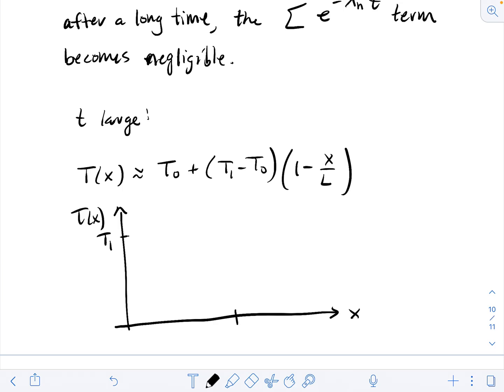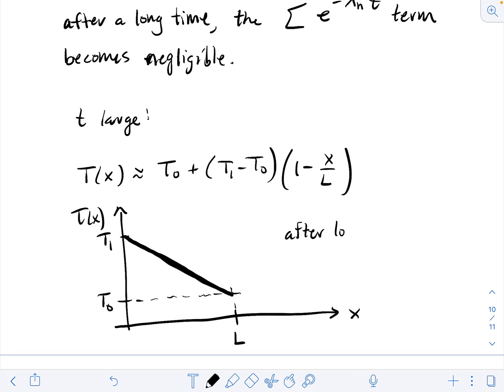Then if we put in x equals L, then we have 1 minus 1 in the last brackets, and we just get T0. And so if T0 is over here, then what we end up with after a long time is just a linear temperature profile along the rod.